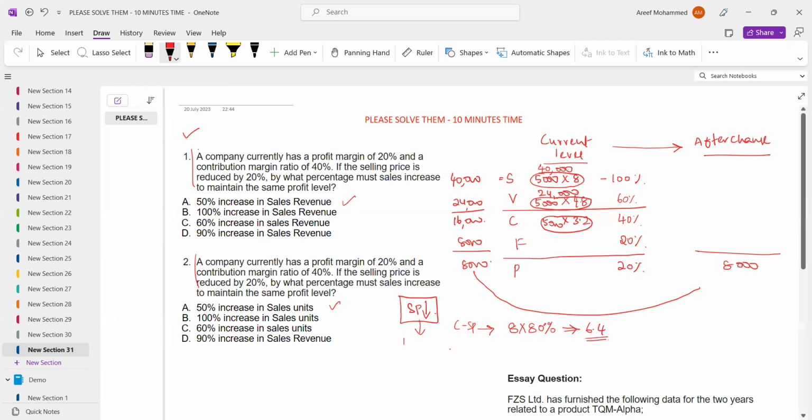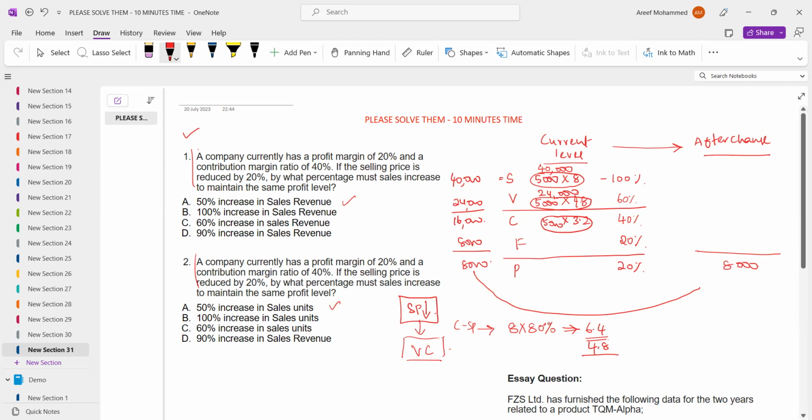Is it affecting the variable cost per unit? No, sir. It doesn't affect the variable cost. So what will be the variable cost here? 4.8.